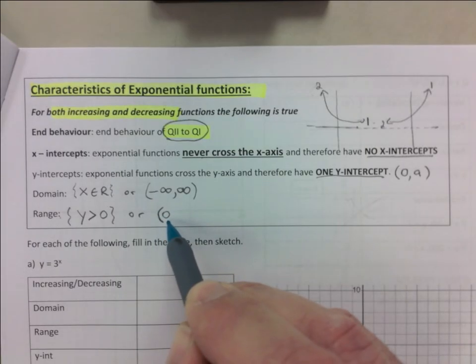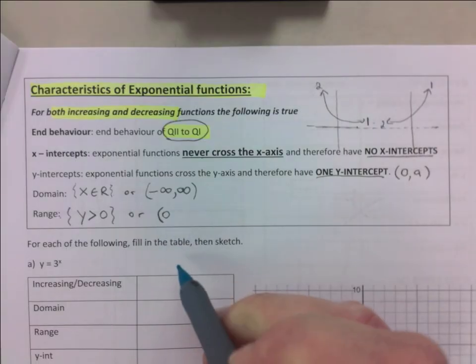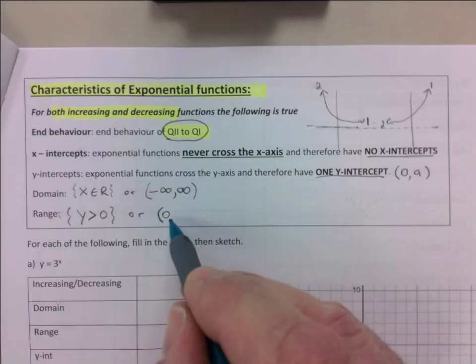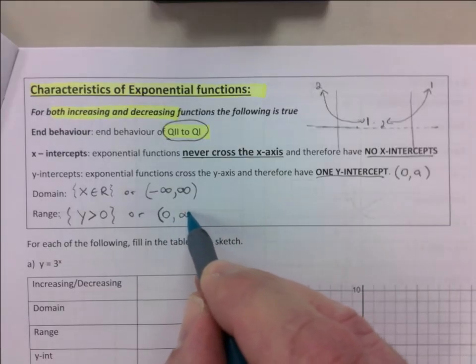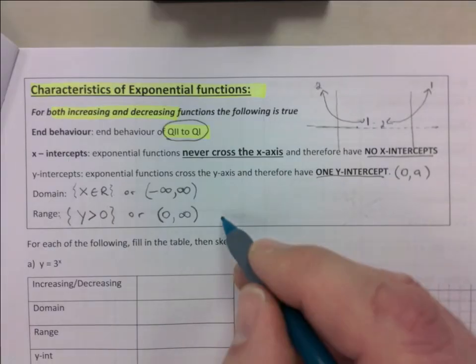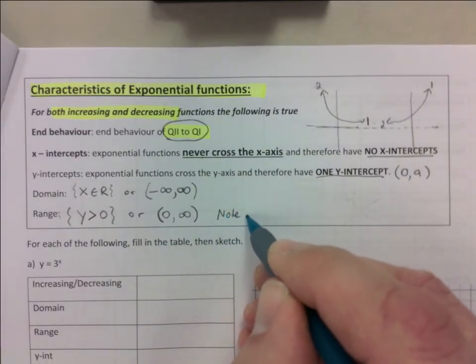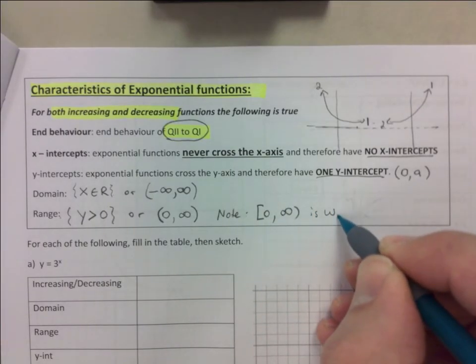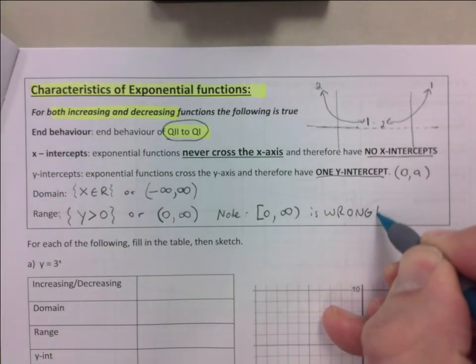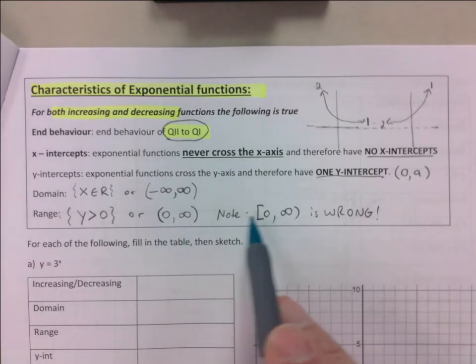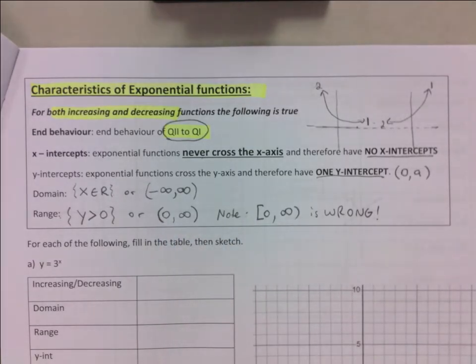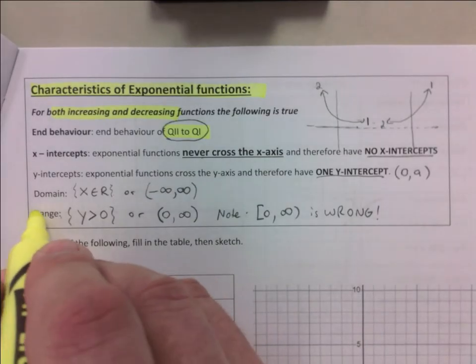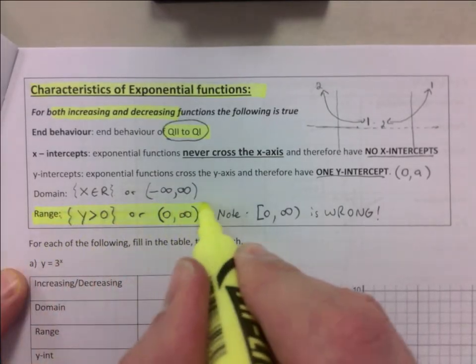So for some of you, this is one of the few moments where a number doesn't get a square bracket. It gets as low as 0, and then it goes to infinity. Okay? Note, [0, infinity) with a square bracket is wrong. Like you putting a square bracket instead of a round bracket is wrong. So that is something you need to watch out for. I will highlight this whole thing because this is new to you.